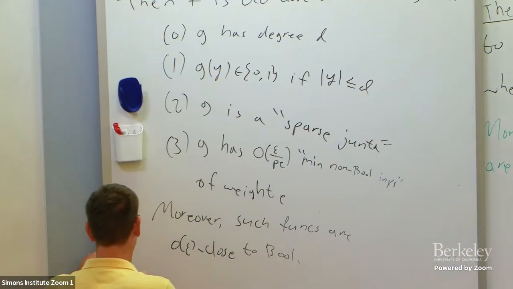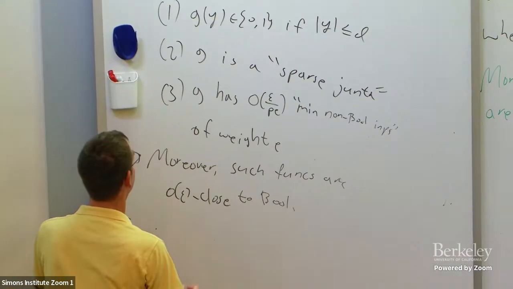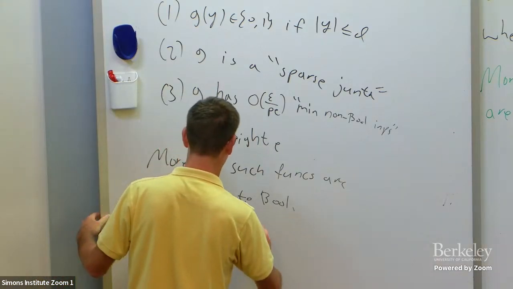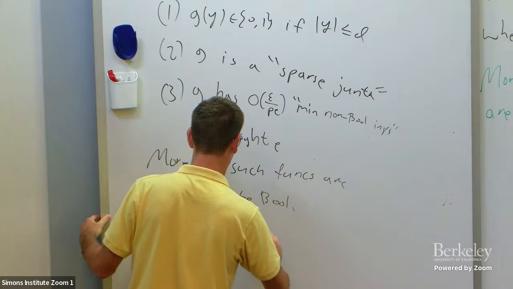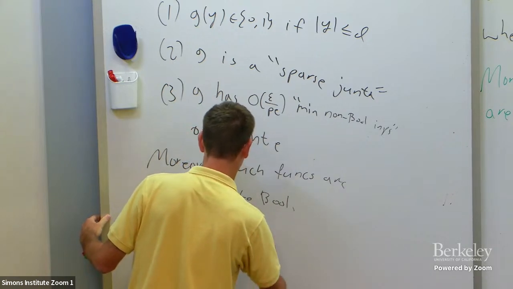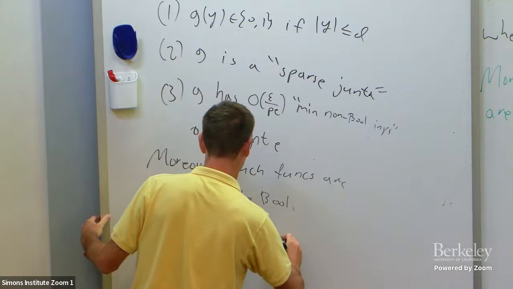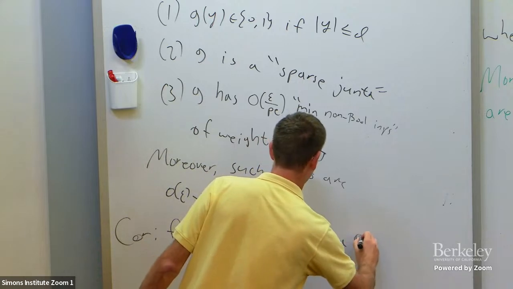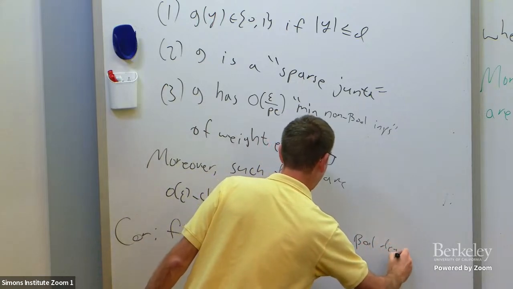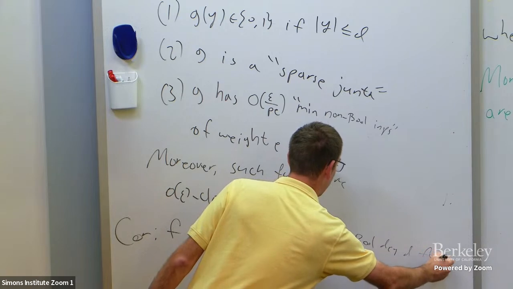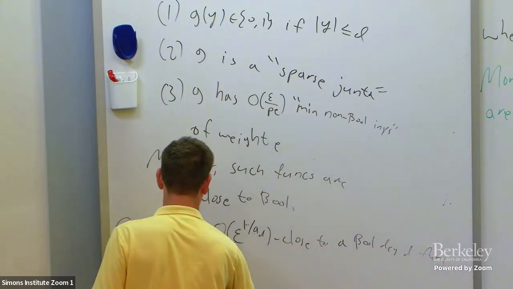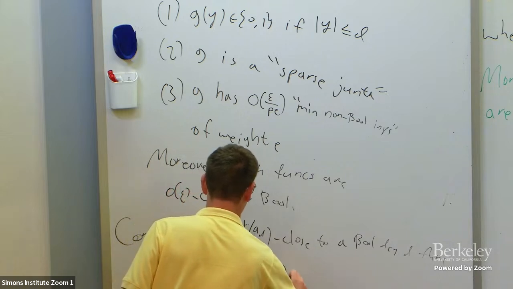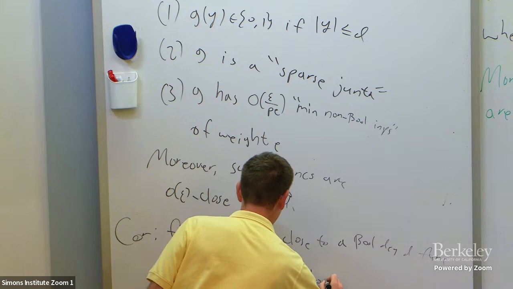Okay, and the corollary: F is order epsilon to the 1 over BD close to a Boolean degree D function, and order epsilon to the 1 over BD plus P close to constant.